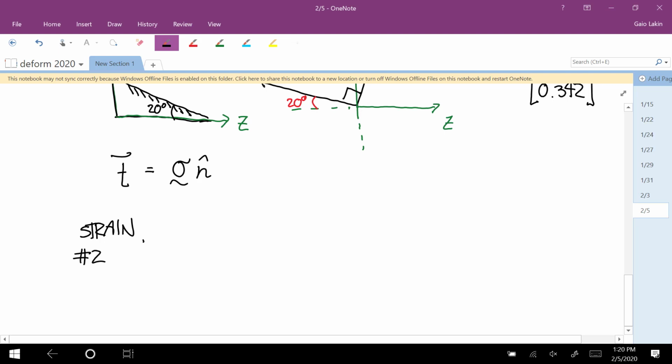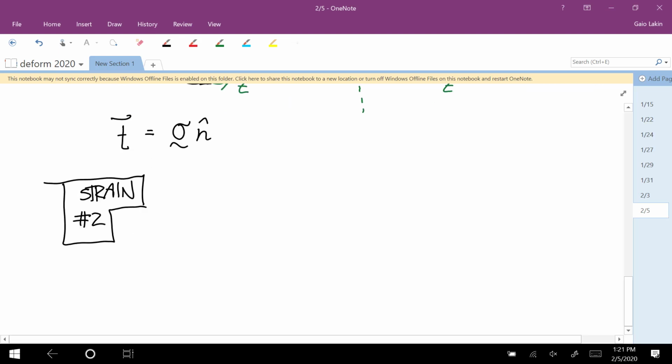Strain, number 2. So based on the matrix relationship between stress and strain given in class, first it's asking for the dependence, like what stress values the different normal strains depend on. Okay, so C asks, well, here's the relationship.